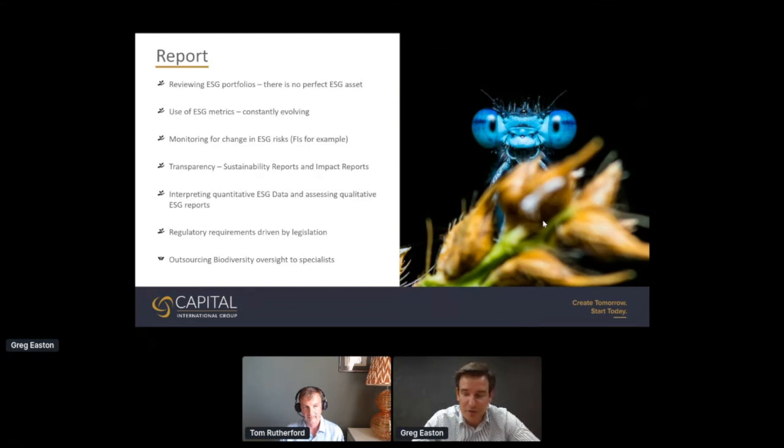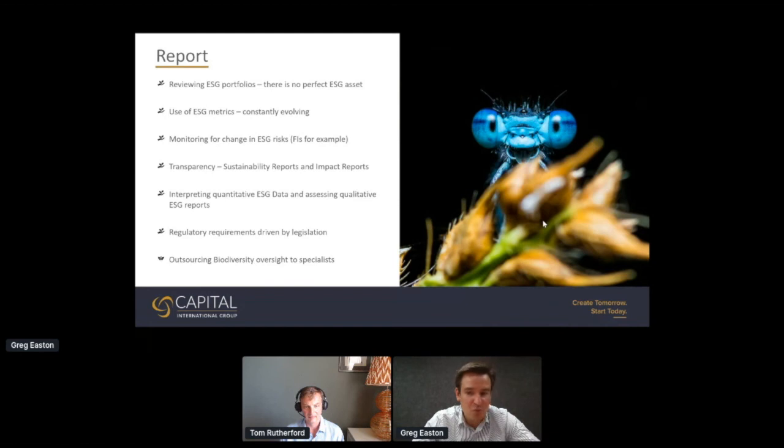And I think one of the things we've seen over the last couple of years generally is an increase in transparency. Now, I know a lot of trustees are too busy looking after clients and administering structures to dig into sustainability reports, impact reports and offering documents.